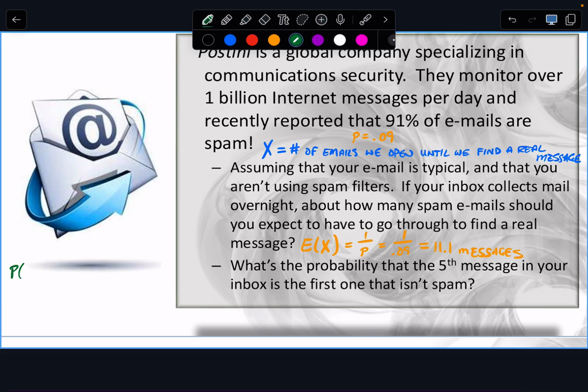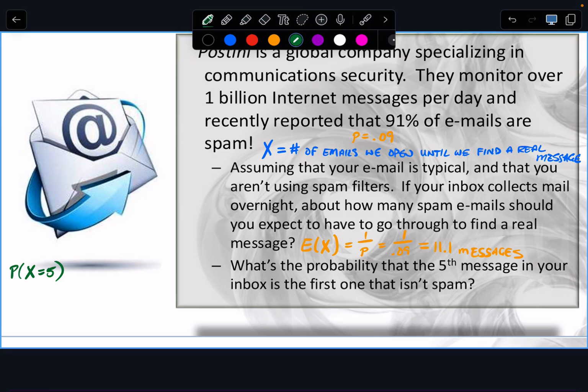What am I trying to calculate here? That x equals 5. My random variable takes on the value of 5. So we're calculating the probability that x is equal to 5.